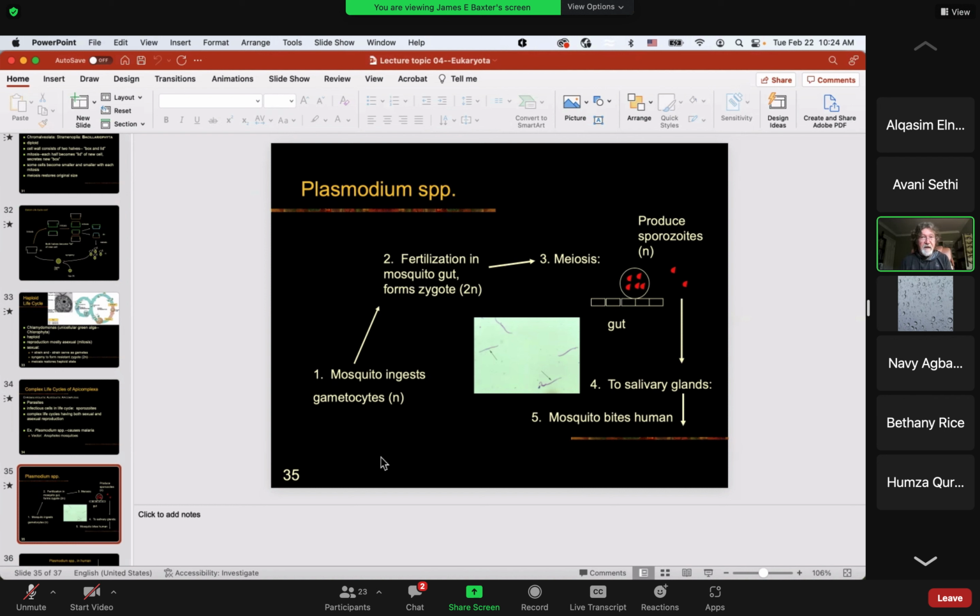Now, how do they evade the immune system? They have a dirty trick: every so often they completely change their surface proteins. Your immune system usually makes antibodies to the proteins it sees as foreign, the antibodies cling to them, and this immobilizes the parasite. But to escape, maybe every five or six days, it completely changes the surface proteins in its plasma membrane, so that it's continually fooling the immune system. But yes, they're totally different creatures.